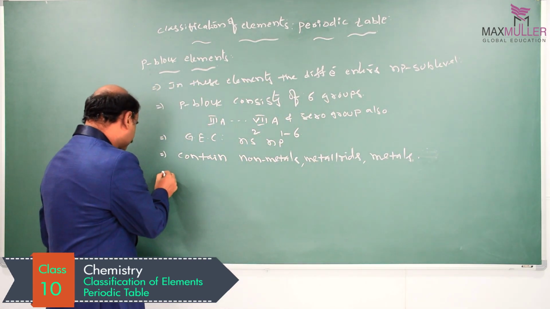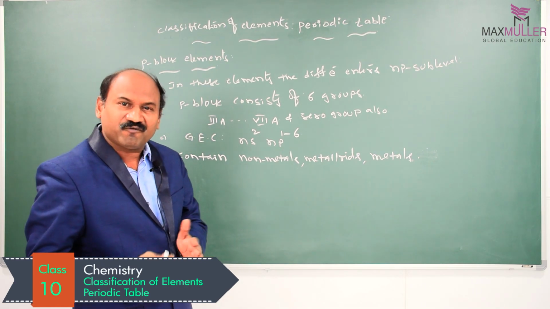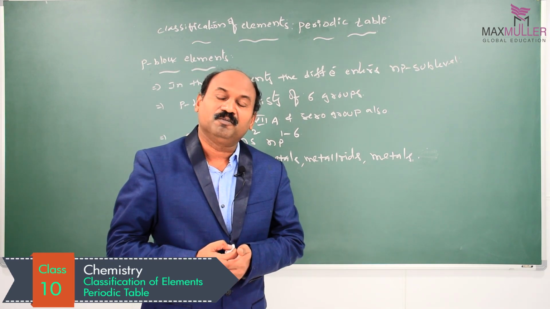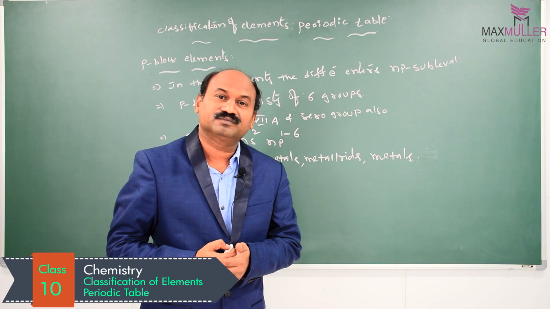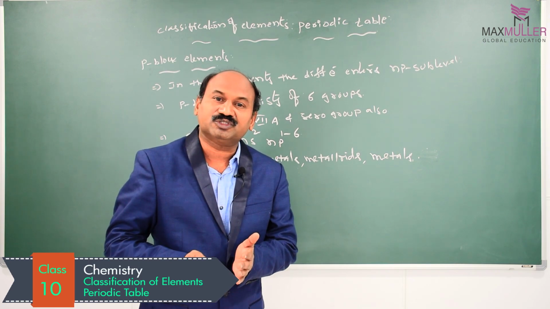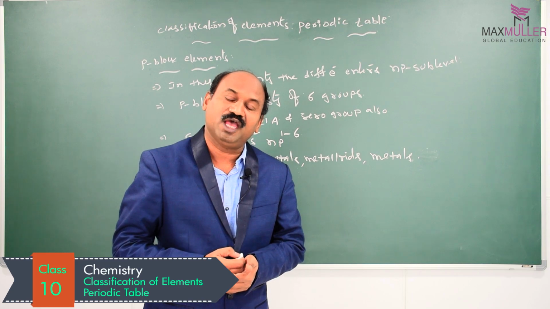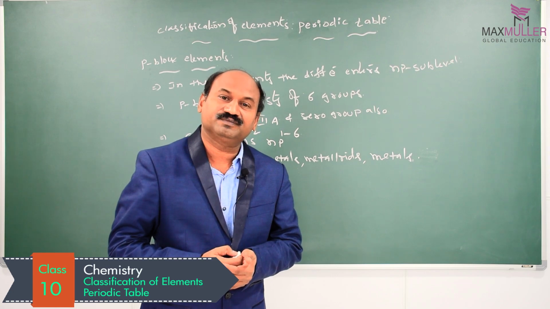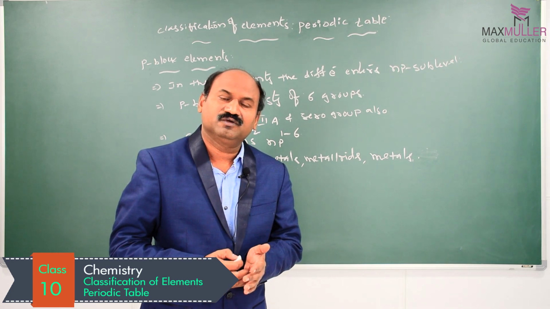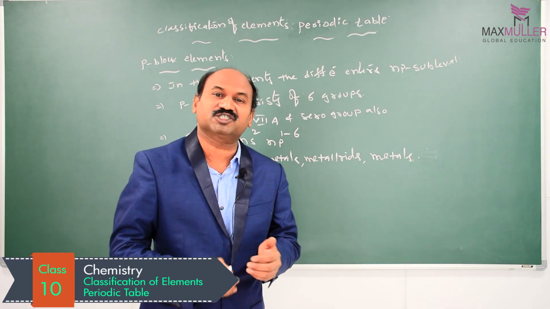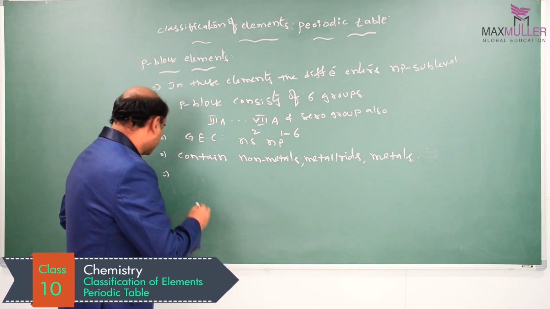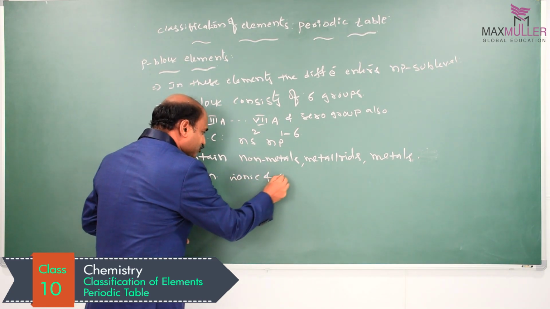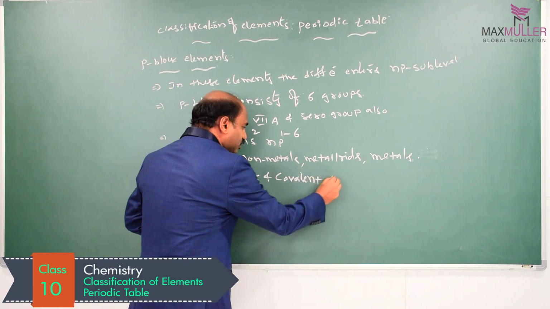Now, what type of compounds are formed by p block elements? P block elements form both covalent compounds as well as ionic compounds, especially halogen family elements, oxygen, sulfur.